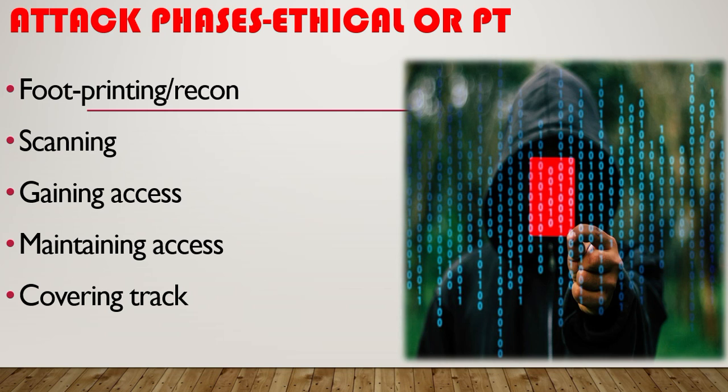Reconnaissance is about information gathering about the target system. Before performing any attack or scan on the target system, the attacker needs to have all the relevant information, like the IP address and ports, and the vulnerabilities they have.